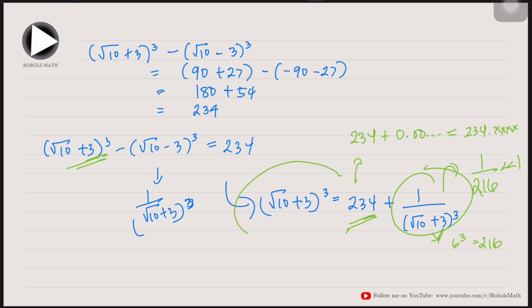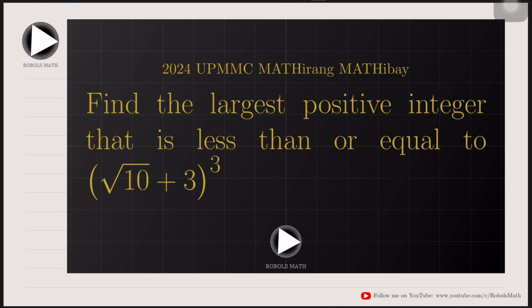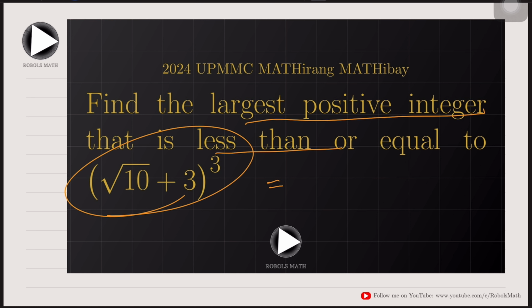Therefore, the floor of this one is 234. So the largest positive integer that is less than or equal to this value is 234, and that's our final answer.